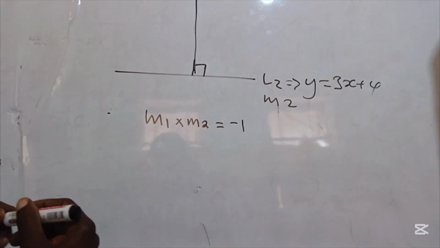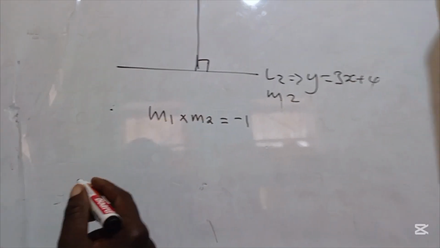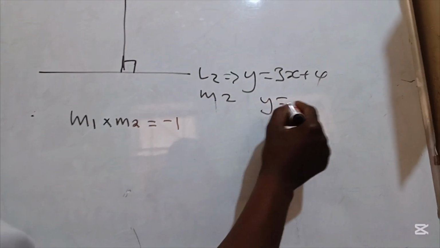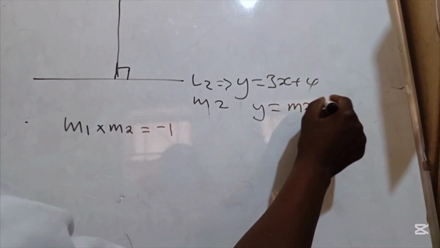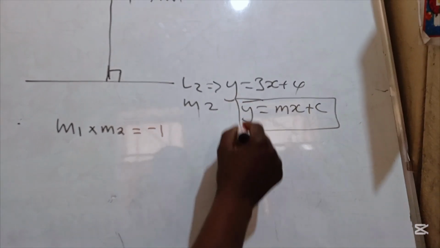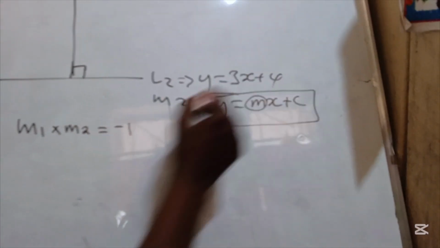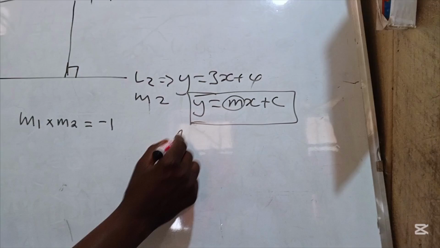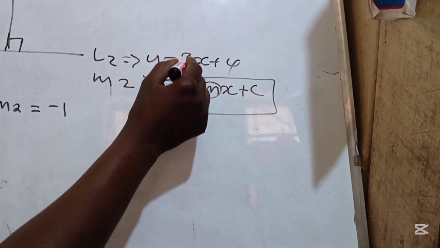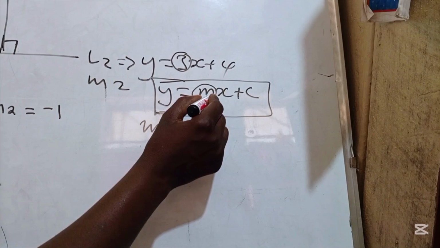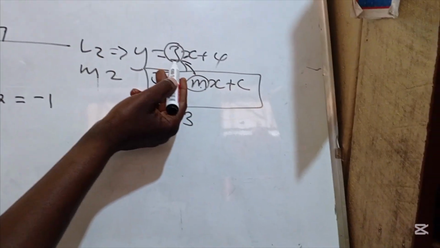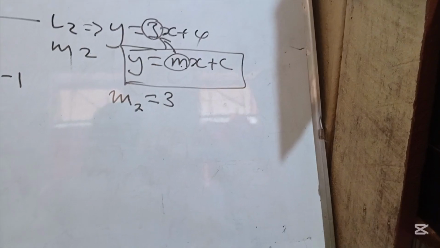So it is very important for me to calculate the gradient. How am I going to get it? I get the gradient from the linear equation y = mx + c, where m is my gradient. So M2 is 3, because the coefficient of x is what we call the gradient.